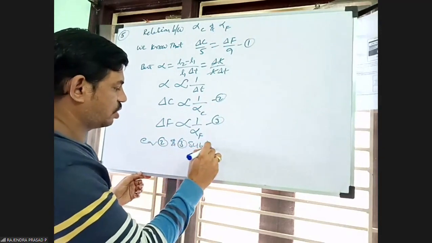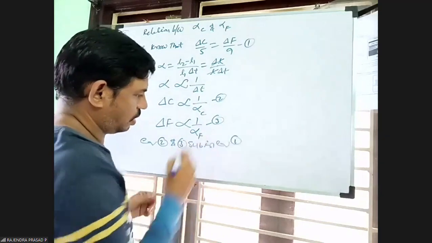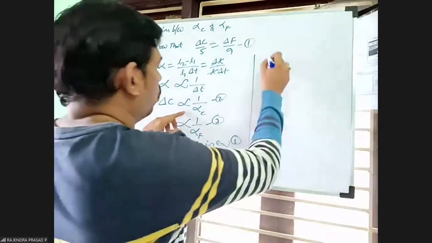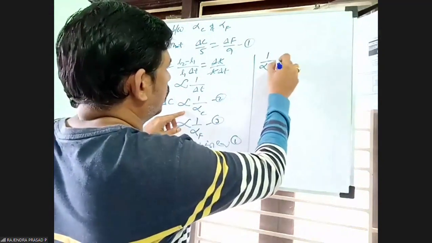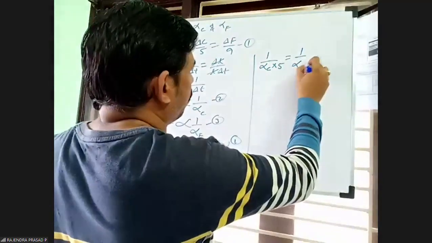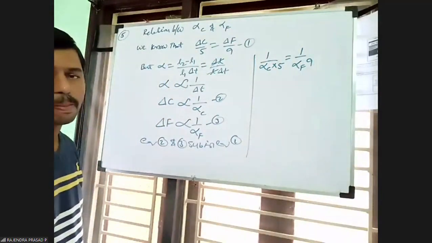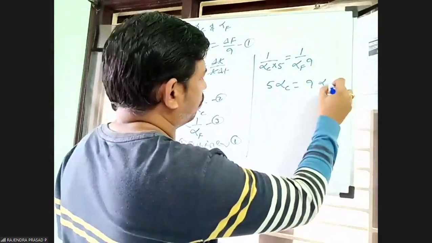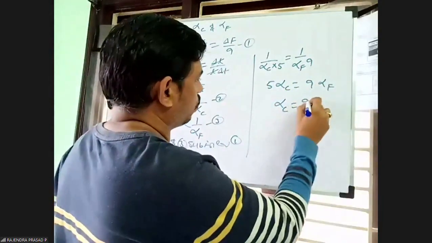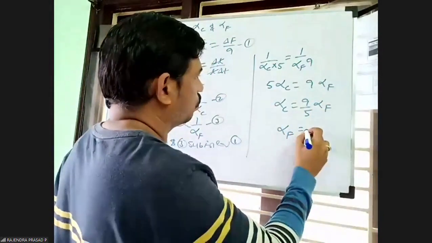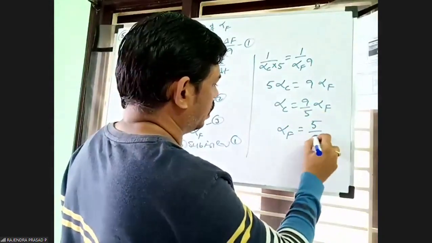Substituting equations 2 and 3 in equation 1, 1 by alpha C into 5 is equal to 1 by alpha F into 9. So 5 alpha C equals 9 alpha F, so alpha C equals 9 by 5 alpha F, or alpha F equals 5 by 9 alpha C.